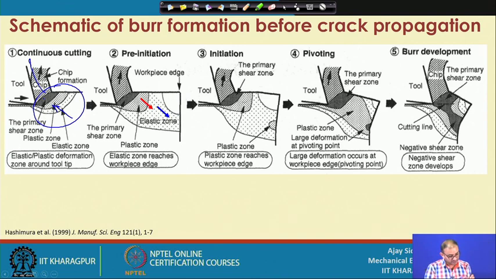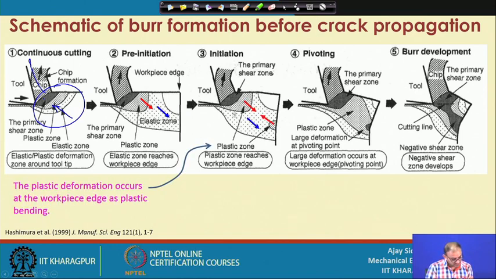Now, the third step is initiation. Why is it called initiation? Because this is the plastic zone, and one more plastic zone occurs, because now if you see this particular thing, it is bent a little bit. This was a right angle, but now it is bending. This is called nucleation.